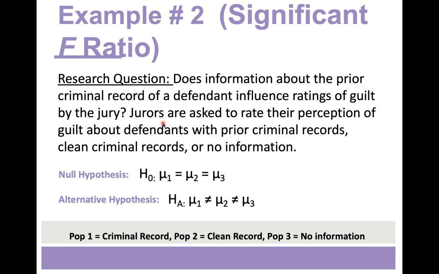However, some legal psychologists are interested in whether knowing that a defendant has or has not had a prior criminal record influences a jury's decision, even though it quote unquote shouldn't.